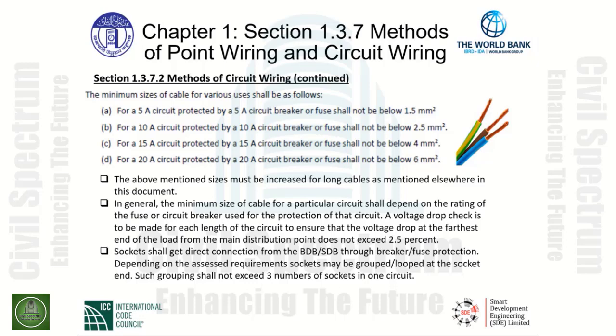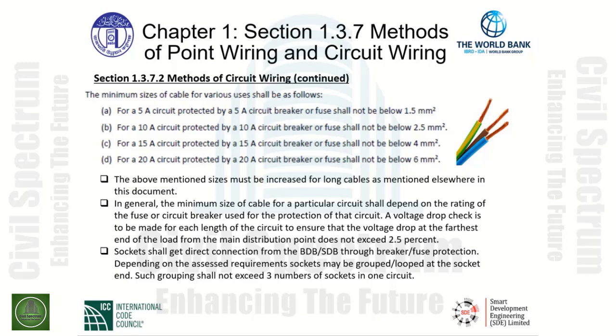Item B, for a 10 amp circuit protected by a 10 amp circuit breaker or fuse shall not be below 2.5 millimeters squared. Item C, for a 15 amp circuit protected by a 15 amp circuit breaker or fuse shall not be below 4 millimeters squared.